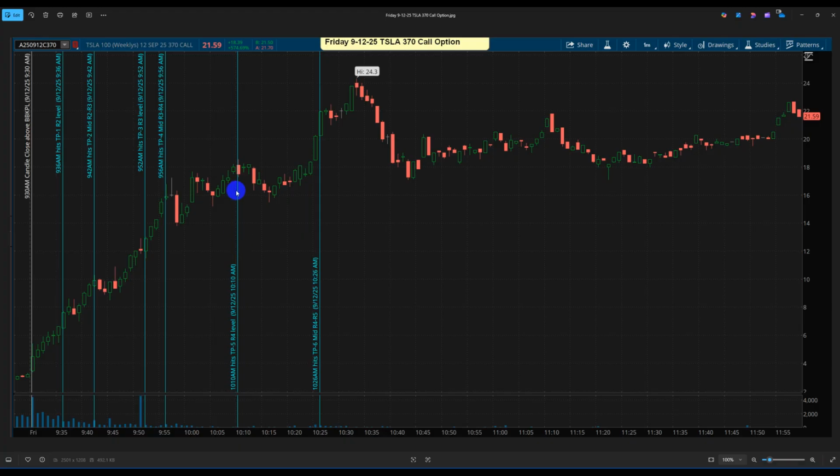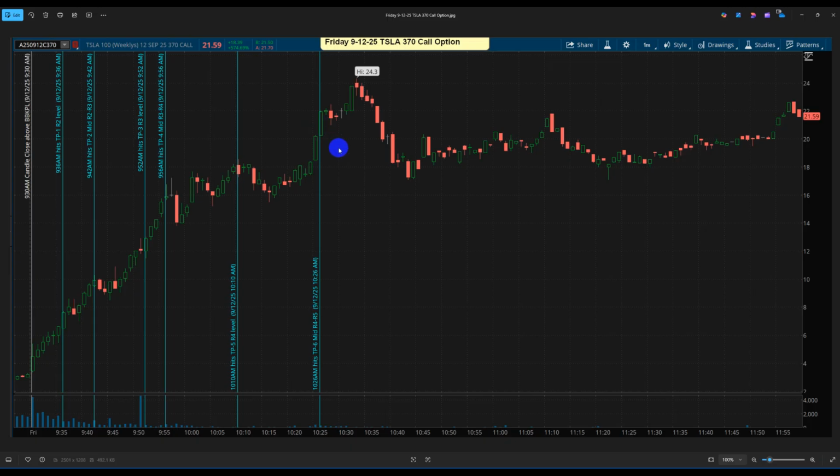At 10:10 a.m. on this candle here, that's where it hits TP5, which is the R4 level. And at 10:26 a.m., this is where it hits the TP6 on this candle here, and that is the mid R4, R5 level.